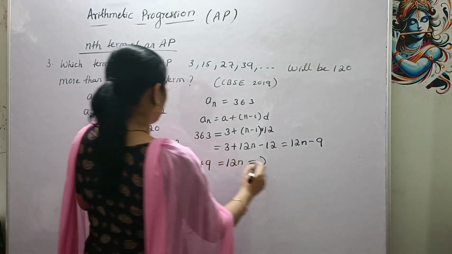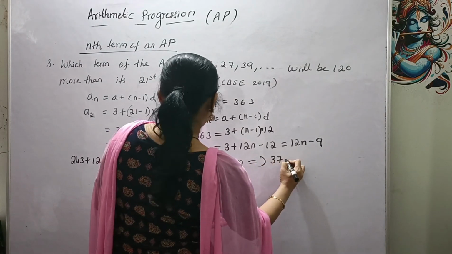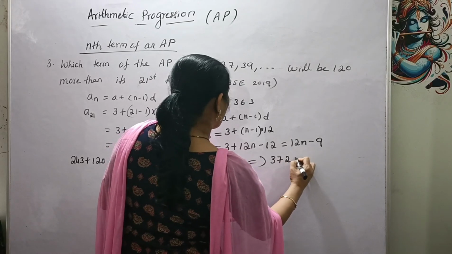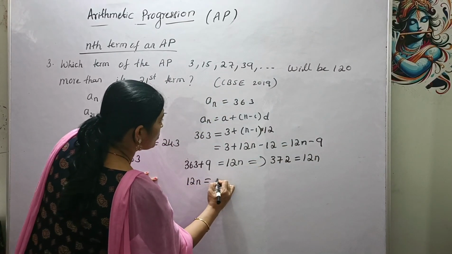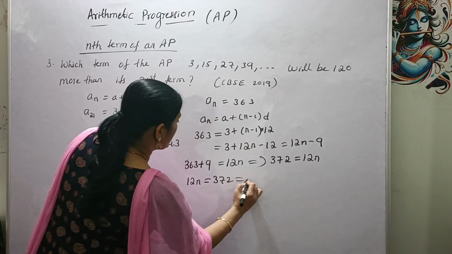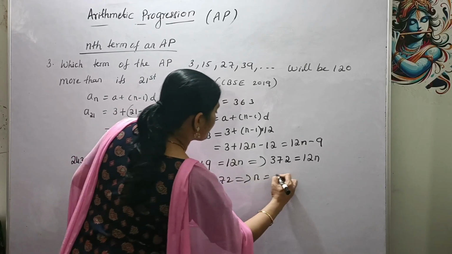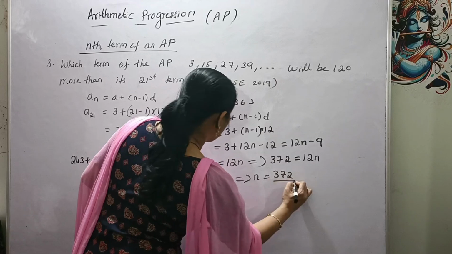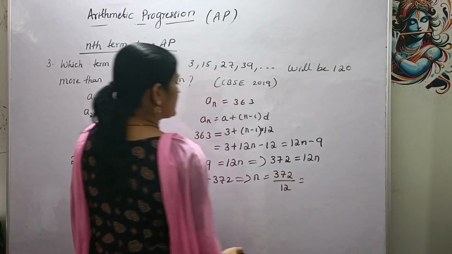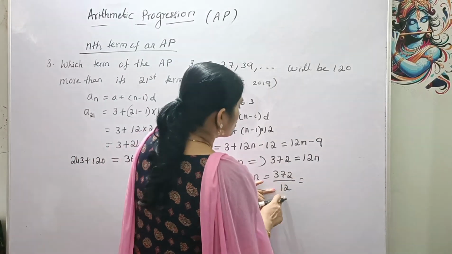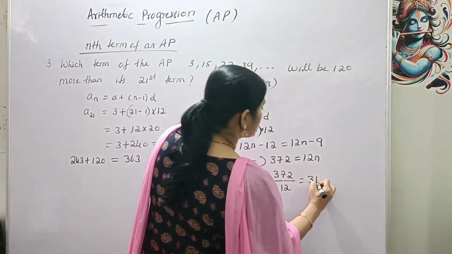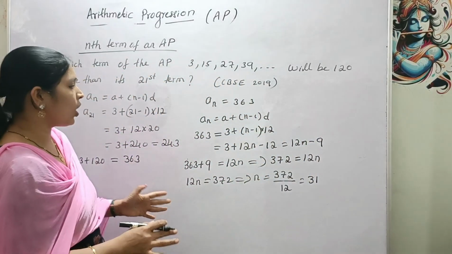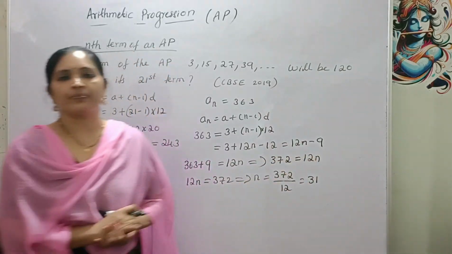That implies 372 is equal to 12n. 12n is equal to 372. That implies n is equal to 372 divided by 12. 12 3s are 36, 1 remaining, 12 1s are 12. We have got n is equal to 31.